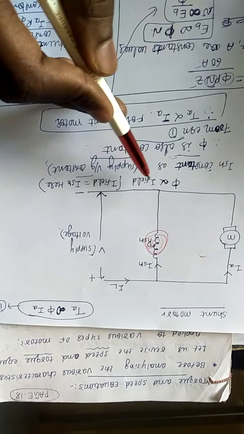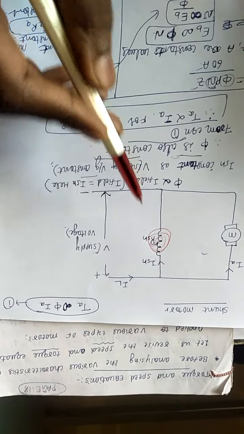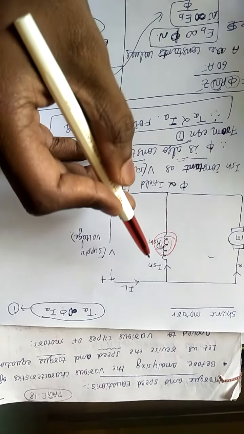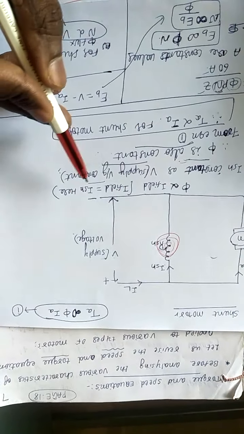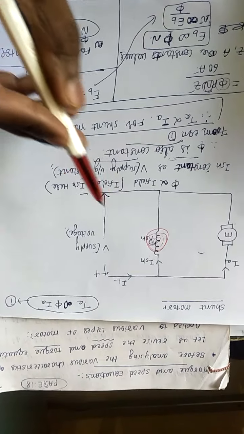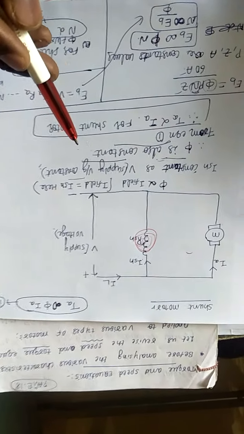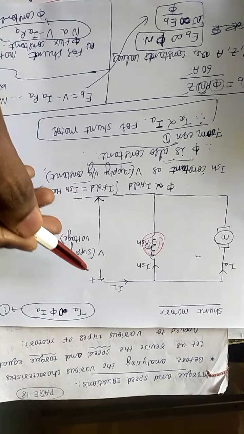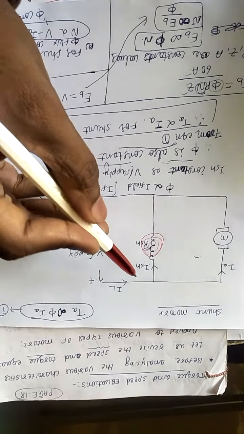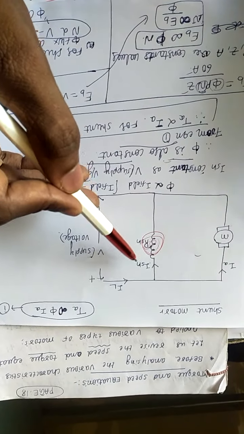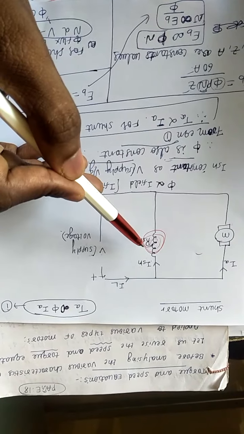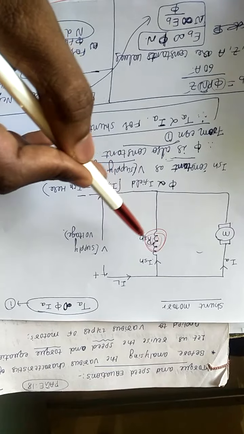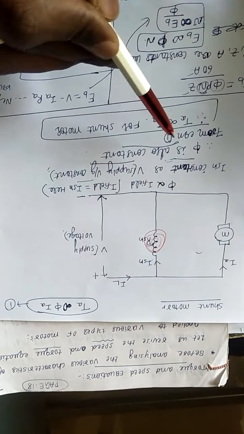The current passing through the field winding is I field, in general. If it is a shunt motor, the field current is Ish. Right? Ish is the field current in the case of a shunt motor. If the supply voltage V is constant, then obviously the field current is constant, and therefore the flux produced in this field winding is also constant.